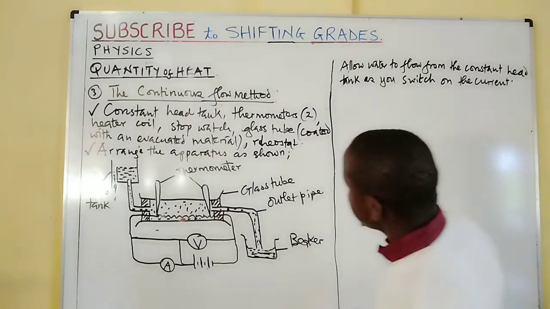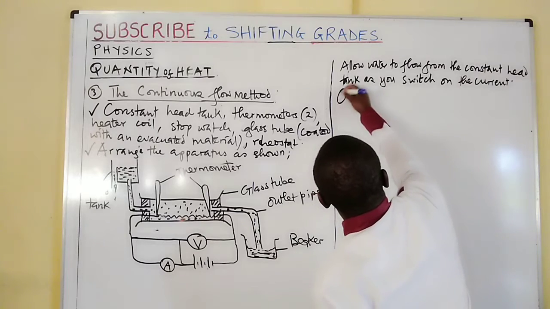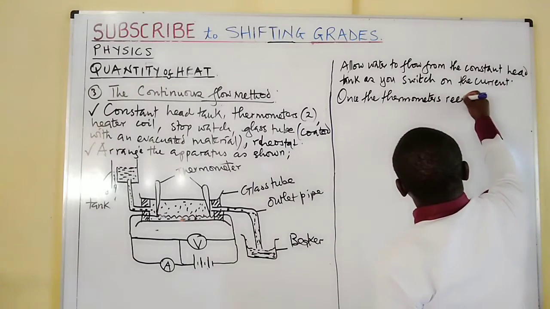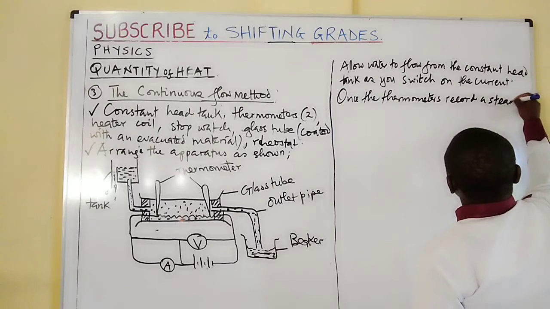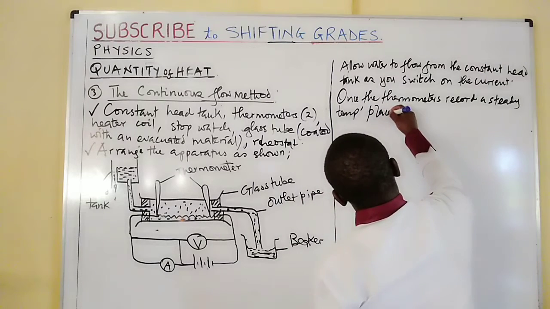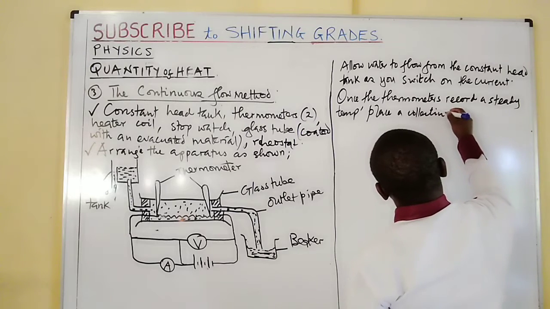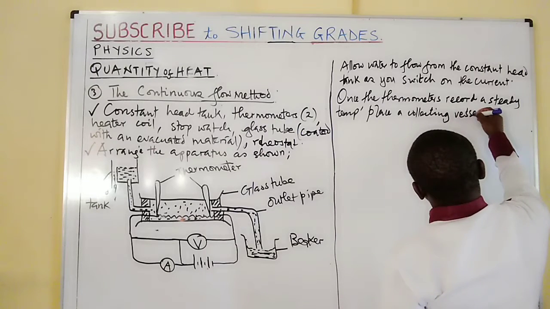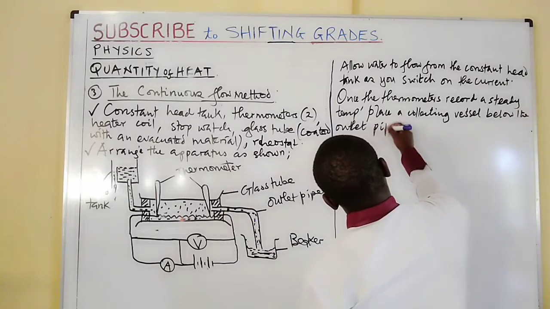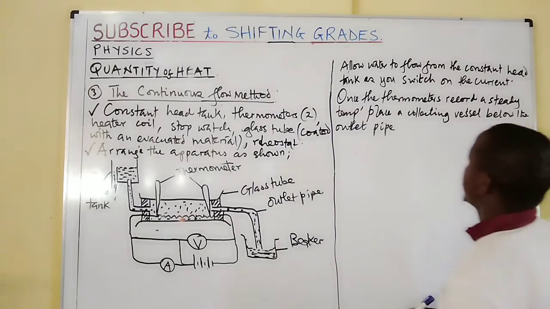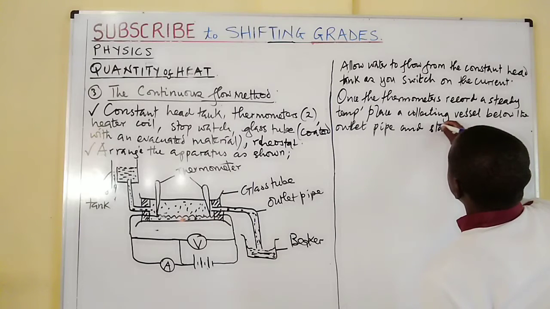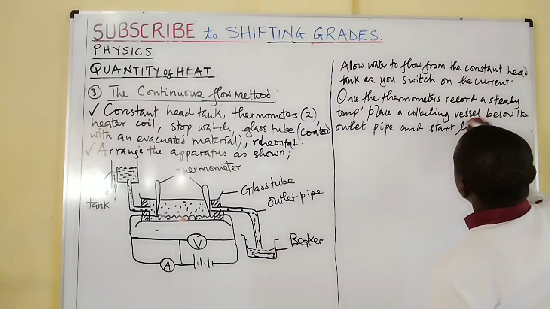So now, once the thermometers record a steady temperature, place a collecting vessel below the outlet pipe and start timing, or start the stopwatch.